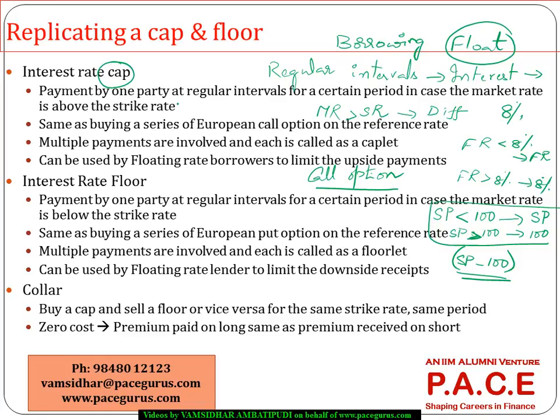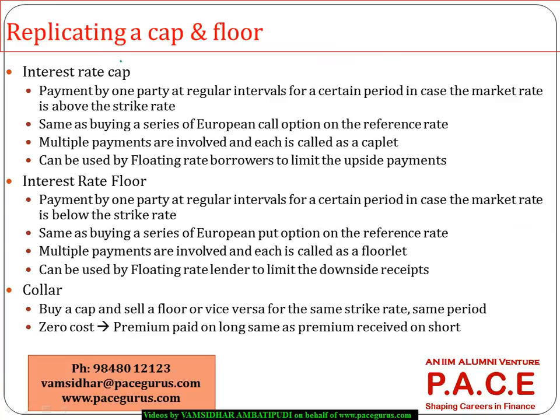So what you can see is there are a lot of similarities between the interest rate cap and a call option on a stock, right? Same logic goes with the interest rate floor.